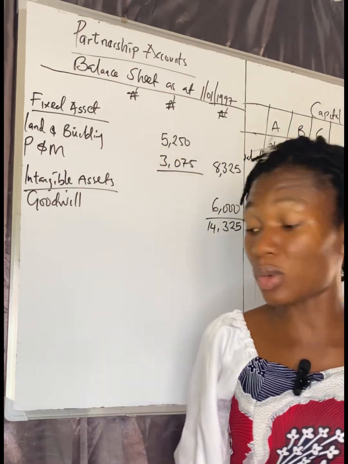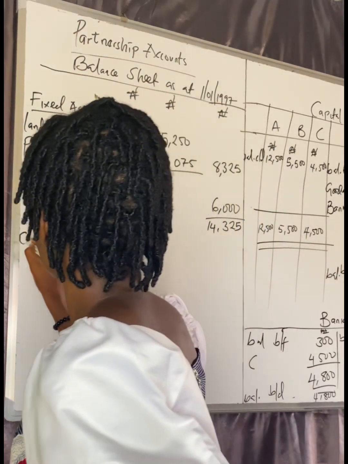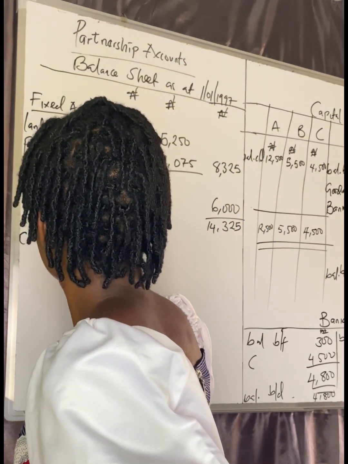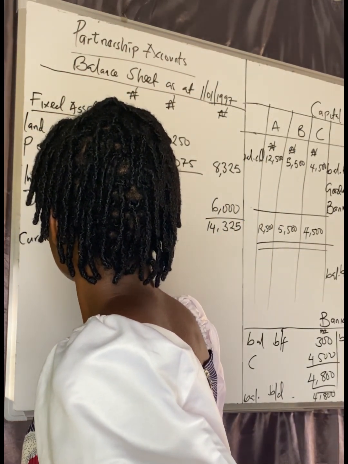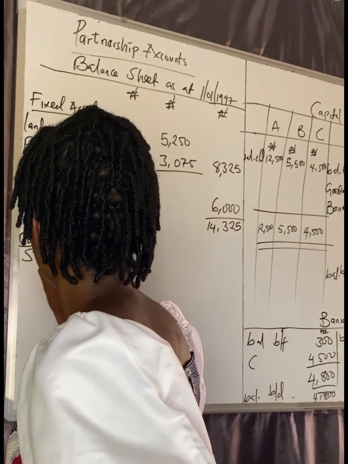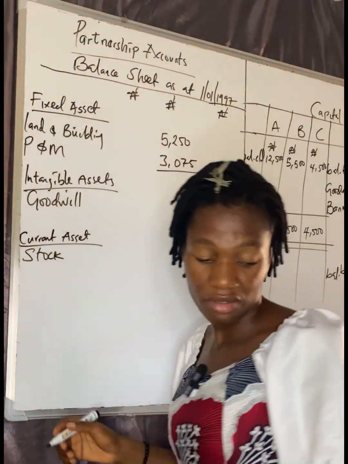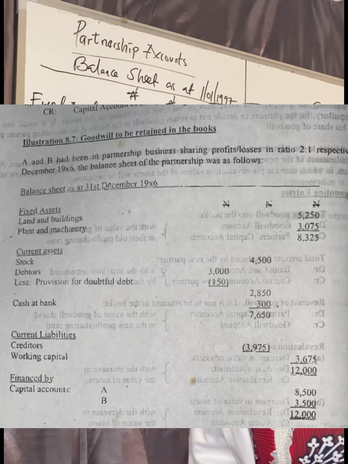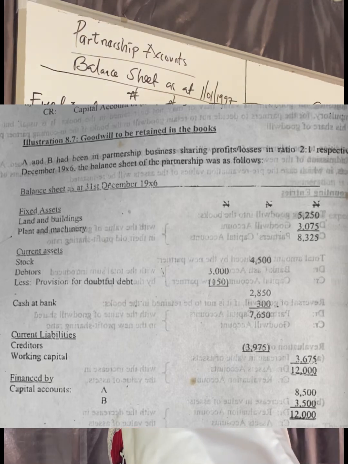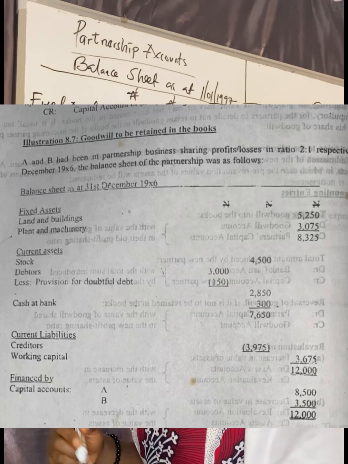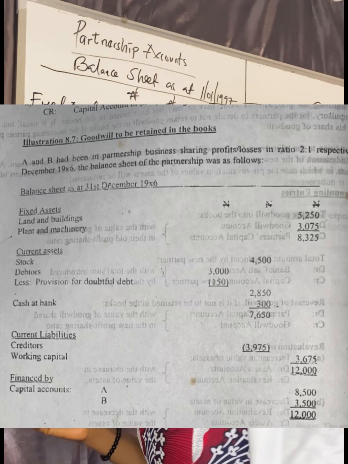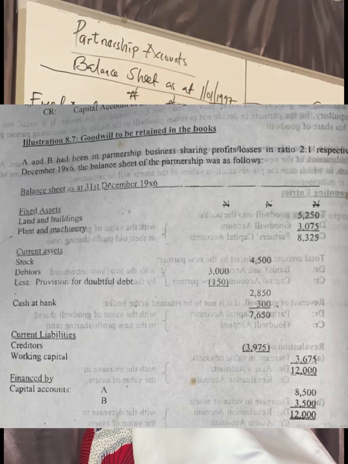Our current assets, here we have stock, and our stock value is 4,500 naira. The net debtors value we have is 2,850.